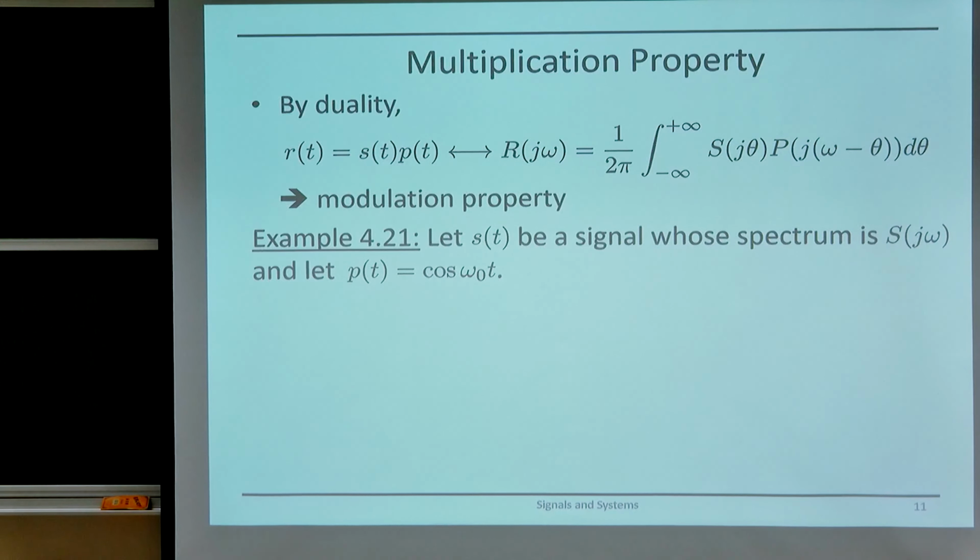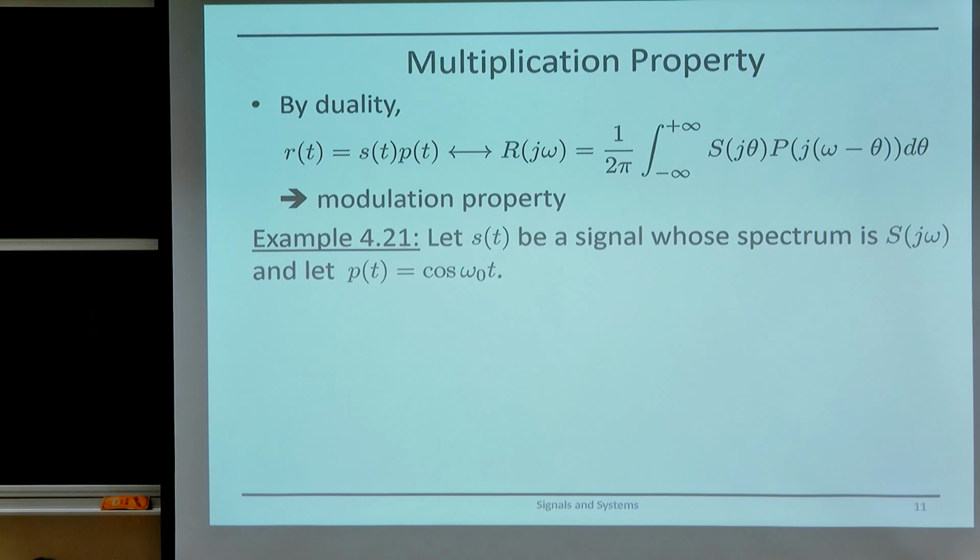All right, so let's look at an example here. Suppose that s of t is this signal. You can think of it as, let's say, our voice signal, which has a spectrum S of j omega, and let p of t be some carrier cosine omega naught t. Now, when you multiply the two together, what do you get?